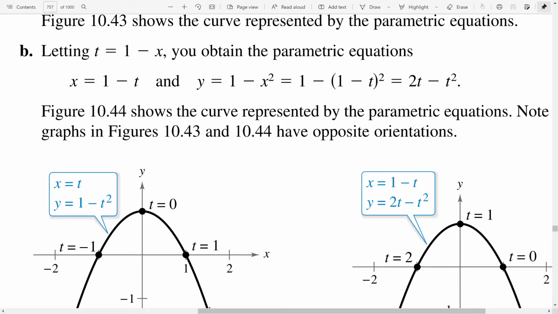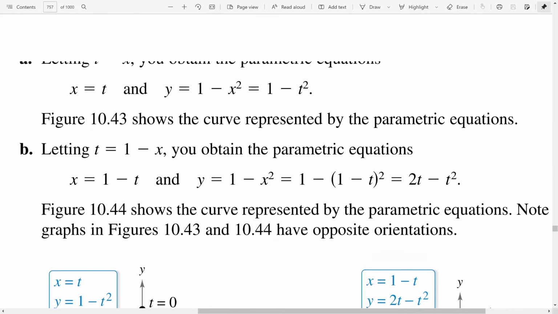So 1 minus t squared, and then you just simplify this, and you get 2t minus t squared. So your parametric equations for part B would be x is equal to 1 minus t, and y is equal to 2t minus t squared. And those two would represent the rectangular equation that you started with.